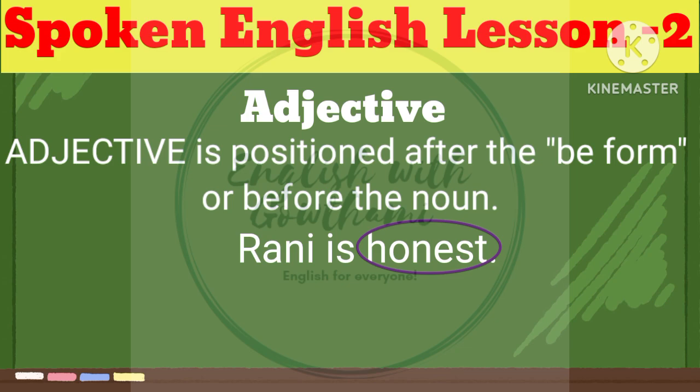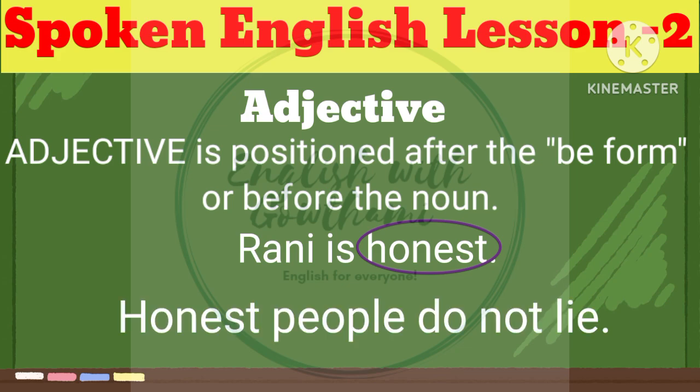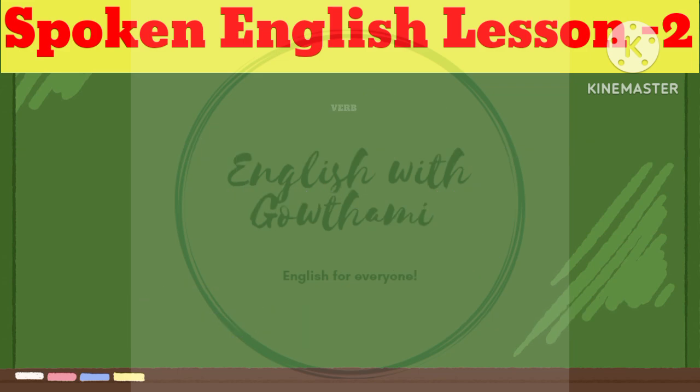Next example, honest people do not lie. In this case, honest becomes the adjective. It is describing more about the people, right? It is placed in front of the noun. So in this way, an adjective is placed either after the be form or before the noun. Next, coming to verb.